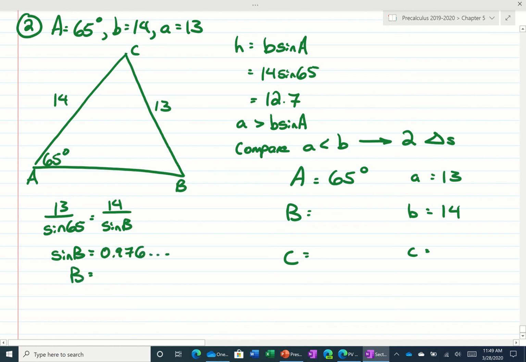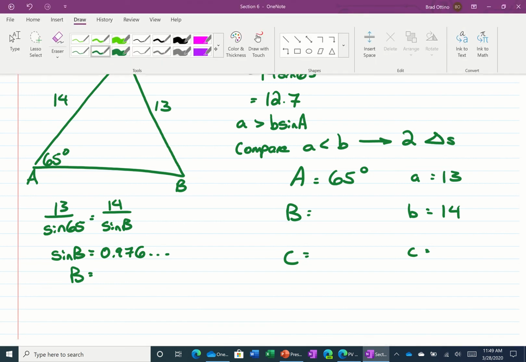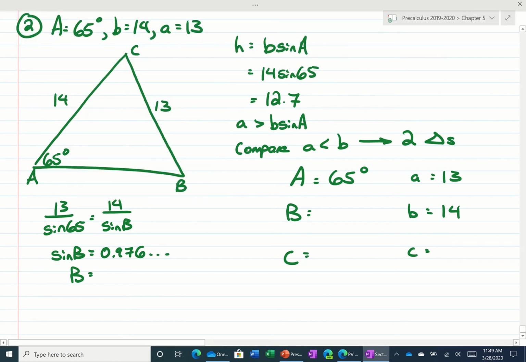And then if we take the inverse sine of both sides, I'm getting angle B is 77.4 degrees. And if that's 77.4, to get angle C, I'm going to do 180 minus those two angles. I get the missing angle 37.6 degrees.